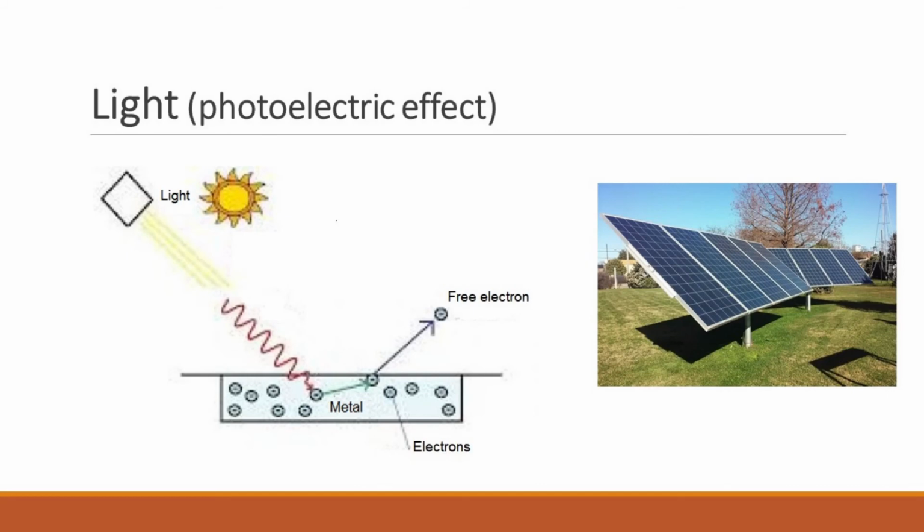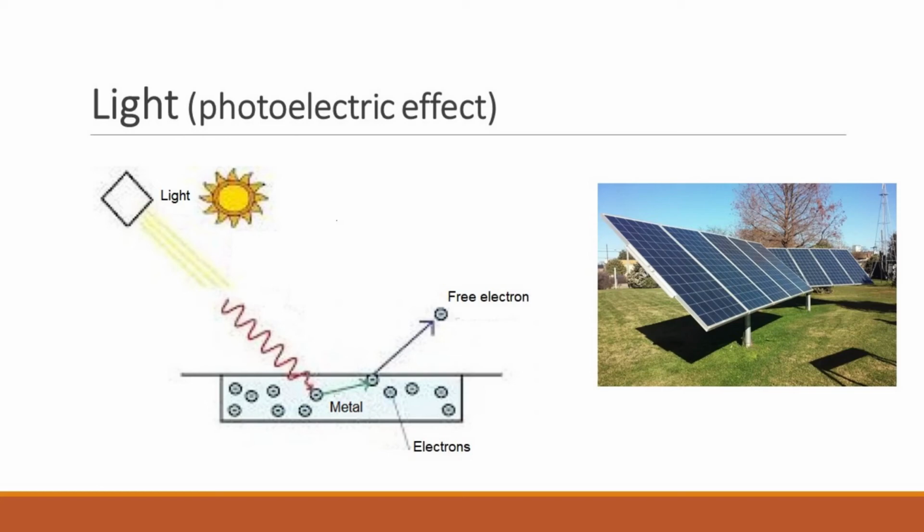Another way to manifest electricity is through light, by a process we call the photoelectric effect. What happens during this process? Light brings energy to the outermost electrons of materials. In the case of the diagram we have on the slide, we have a material that is a metal.